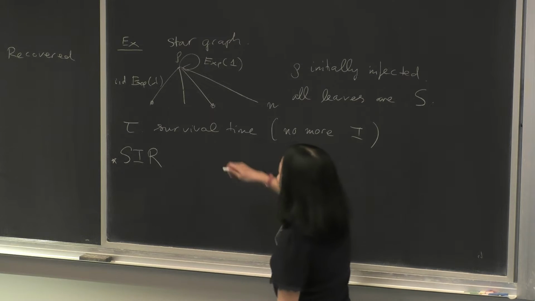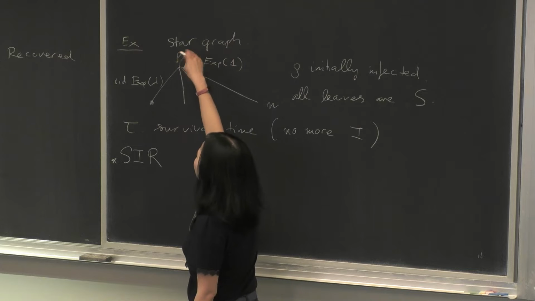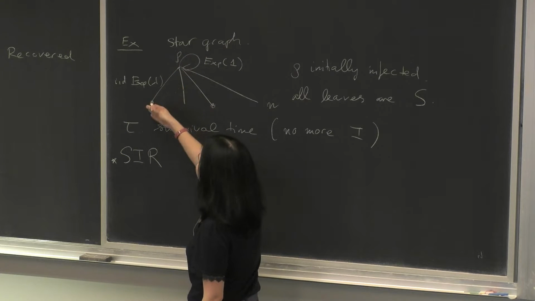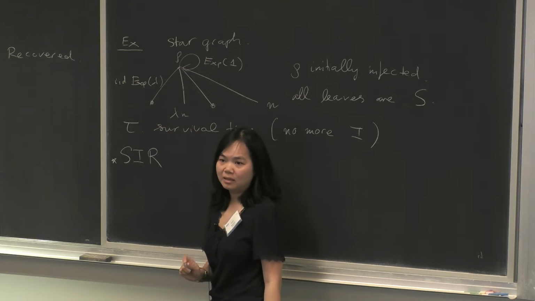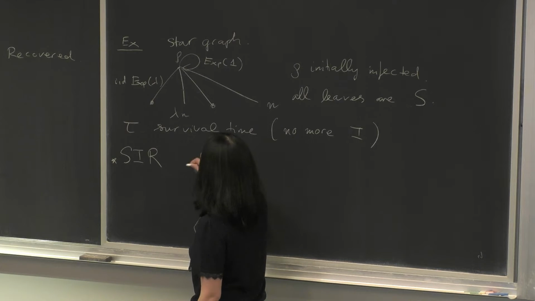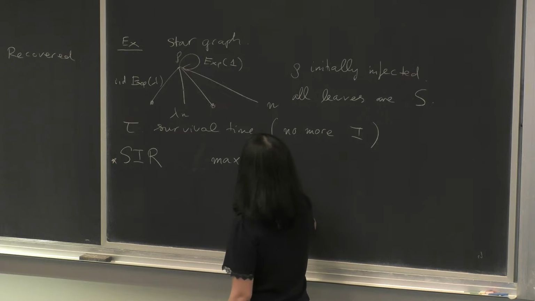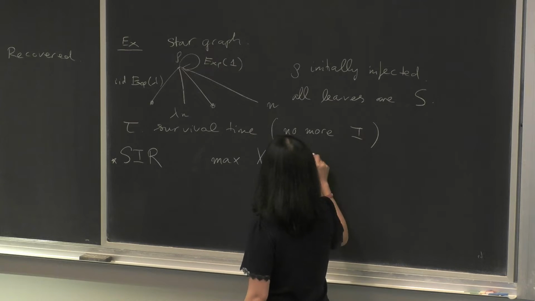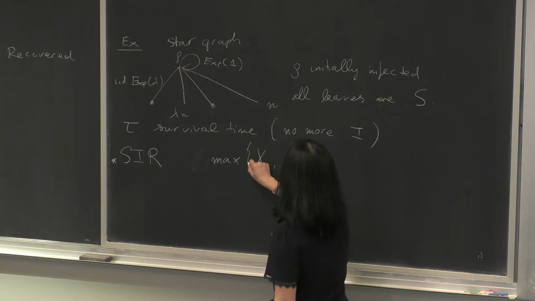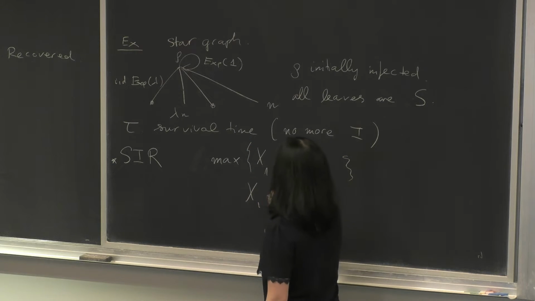Now, this is an exponential 1 clock, so typically the root recovers in time 1. During that time, it infects typically lambda n leaves. And the time it takes to wait for them to recover is the maximum of a bunch of X_1 to X_{lambda n}, which are IID exponential lambda.